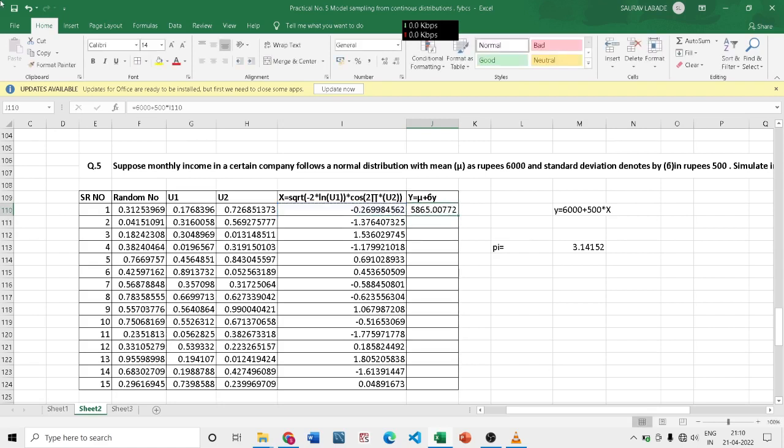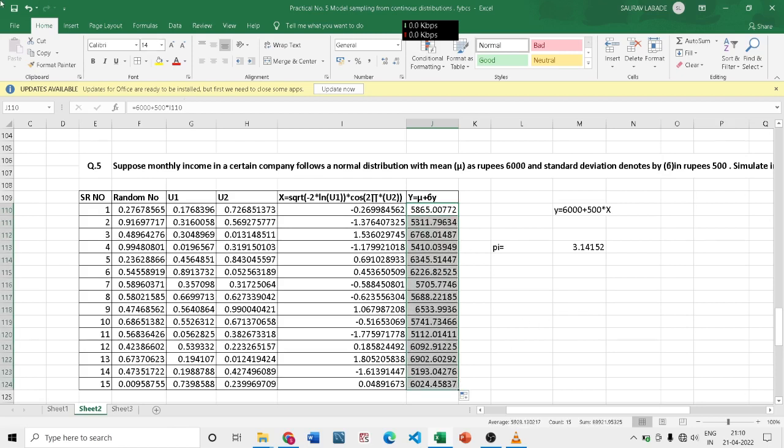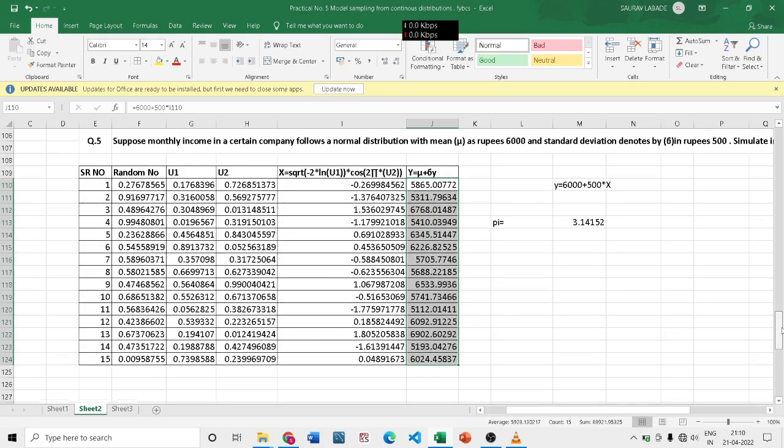Now here you will get the value of y, and you can see that it is pretty much near to 6,000. Okay, so again just drag all the values, you'll get all of these. So these will be all my random samples, right? And if you try to find the mean, it must be approximately near to that 6,000.